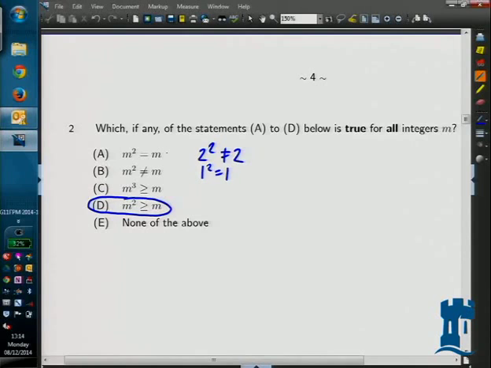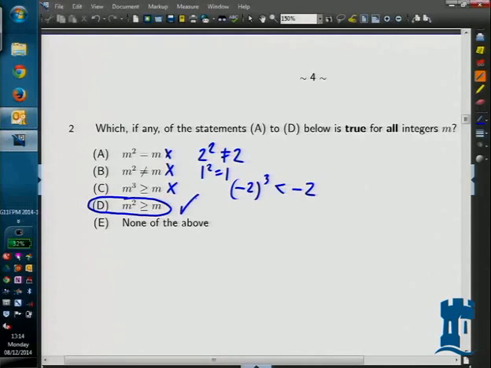So these are both wrong. m cubed greater or equal to m works for positive integers and for 0, and even for -1, but it starts to go wrong after that. So this one is wrong, for example, -2 cubed is smaller than -2.